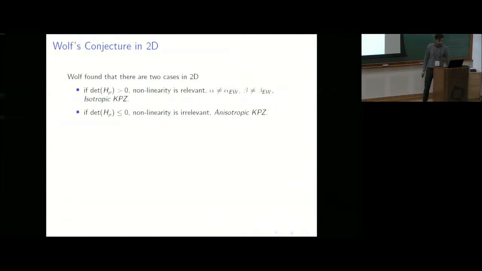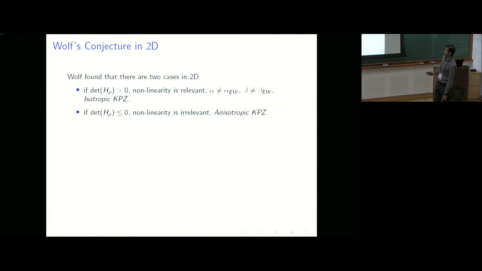There is a conjecture by Wolf made in the early 90s that in dimension 2, based on the sign of the determinant of the Hessian, the conjecture is as follows. If the determinant of your Hessian is positive, then the nonlinear term is really relevant.